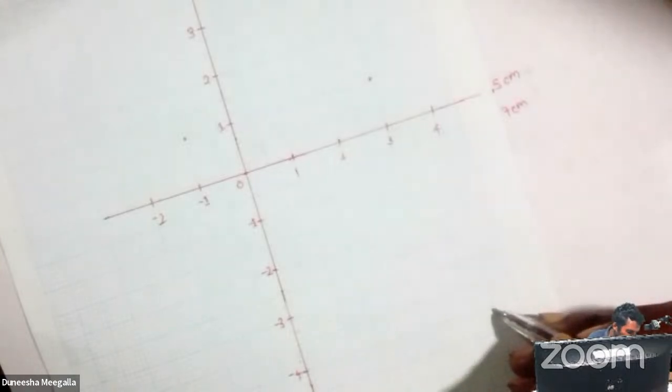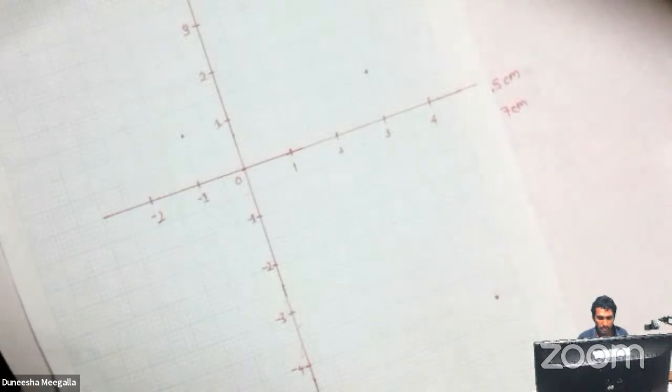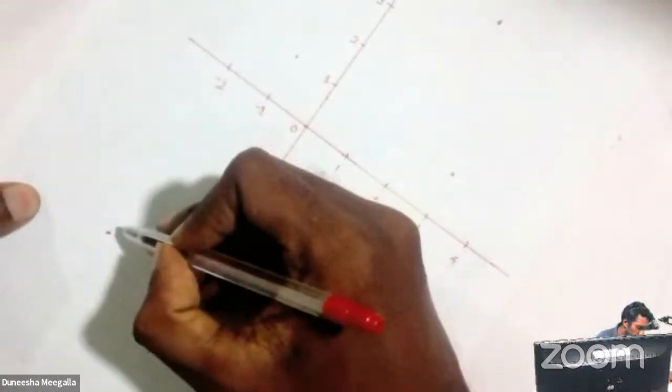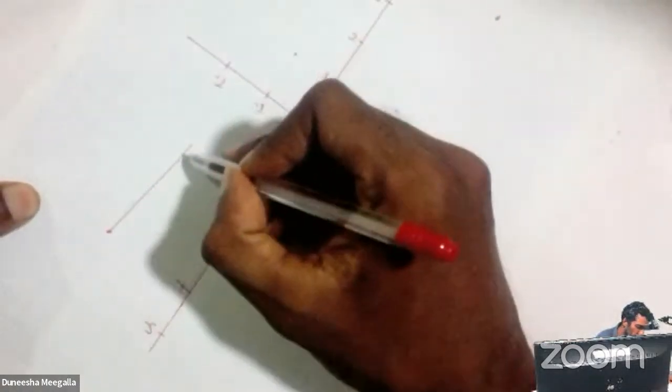Did you get the points? Did you get all the points? Did you get the points? Yes sir. Okay. Now can you draw the graph?